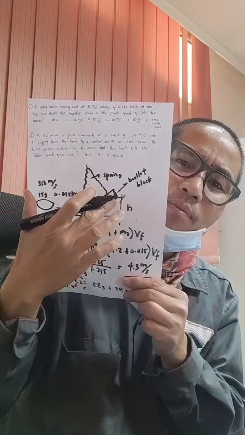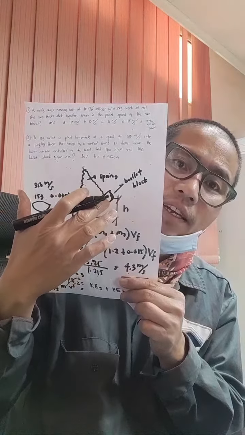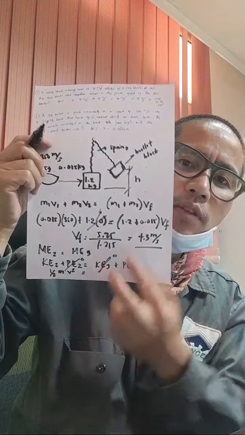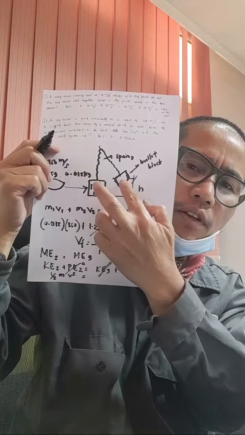If it stops, the velocity is zero, right? So the kinetic energy is already zero because the velocity is zero at point 3.